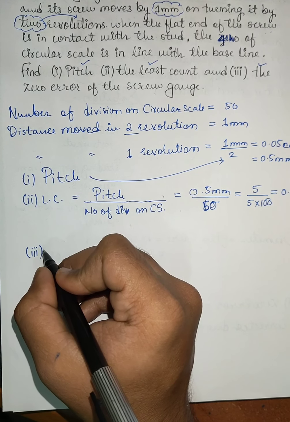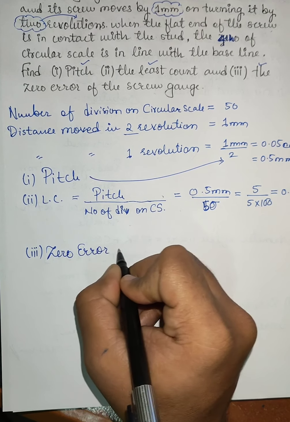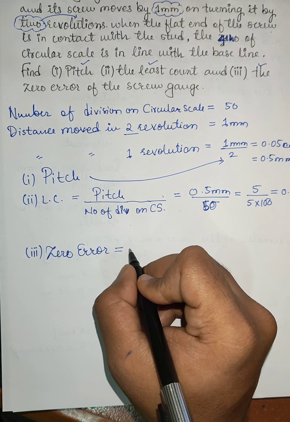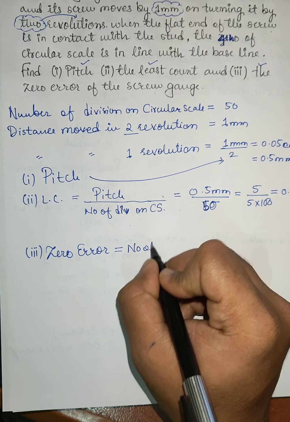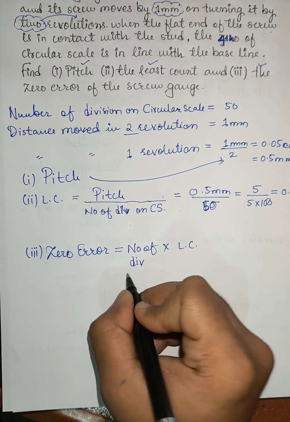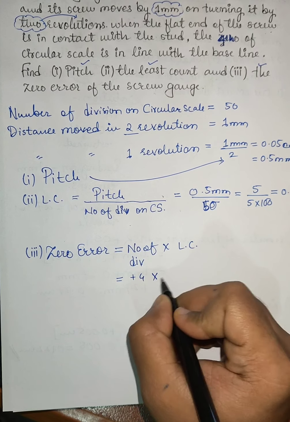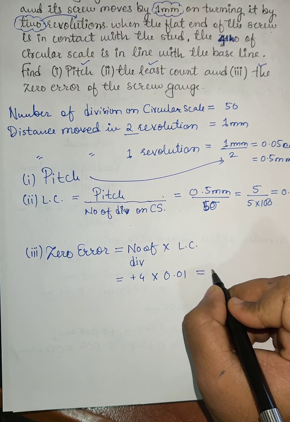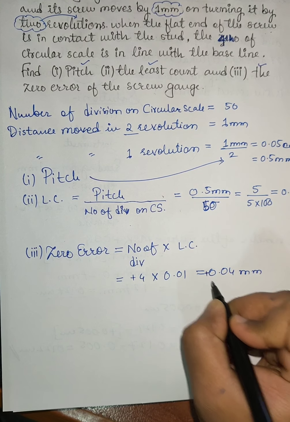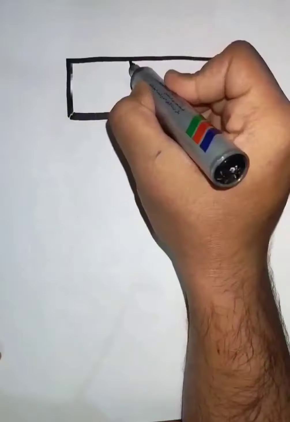Here what we have to calculate is the zero error. The 4th division means it will be a positive error. So the zero error will be the number of divisions multiplied by the least count, which is equal to positive 4 into 0.01, which is equal to 0.04 millimeter positive. So this will be the error. Okay, thank you.